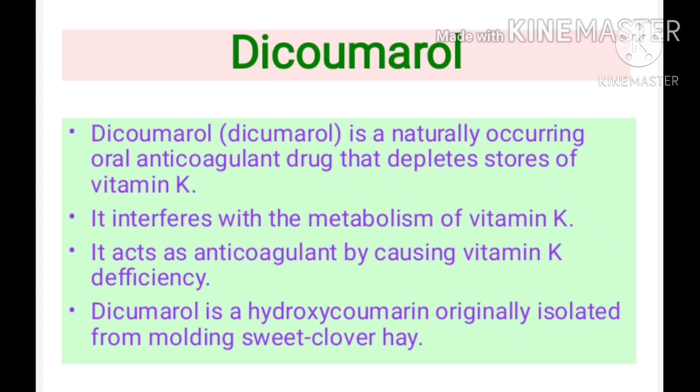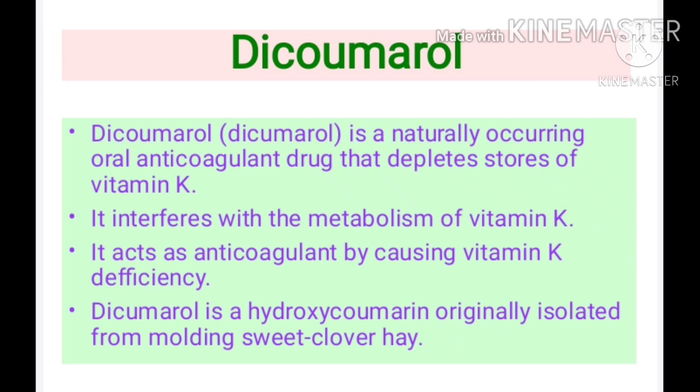Okay, you know that vitamin K is one of the important vitamins essential for the normal blood clotting process. So this dicamarol acts as an anticoagulant by interfering with the vitamin K metabolism process. Why is this vitamin K important for blood clotting? Because vitamin K is needed to synthesize a lot of clotting factors for the normal blood clotting process.